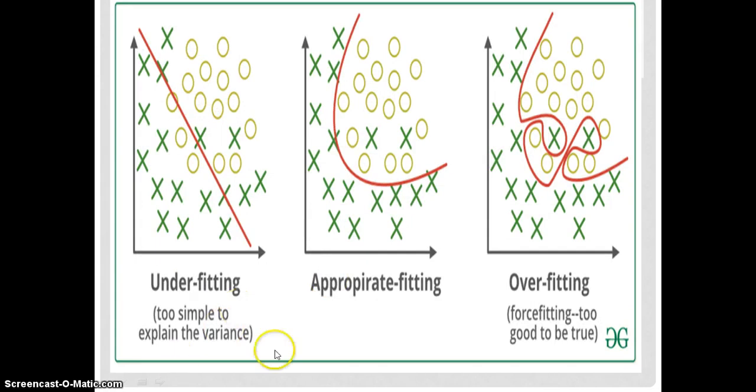this is the graph which tells the difference of underfitting and overfitting. As we can say, underfitting is too simple to explain the variance. What is variance, what is this term, we have seen previously. I have uploaded a video where we have seen what the variance is, what it denotes, what is the property. Okay, bias and variance I have explained previously. I will upload the link in the description.